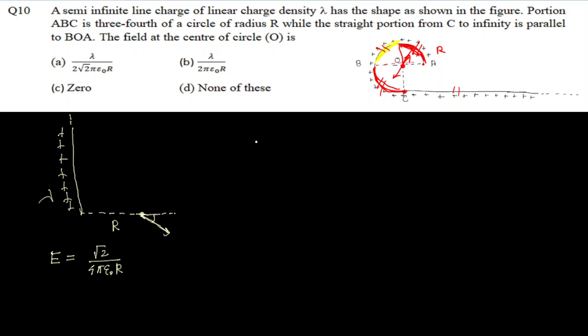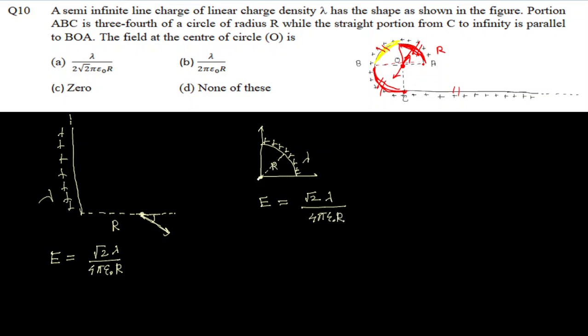And also, if we have a quarter part of a circle like this, and the circular part has radius r and carries charge per unit length lambda, and we calculate the electric field at the center, the magnitude will be, sorry, 2 times lambda divided by 4 pi epsilon naught r.